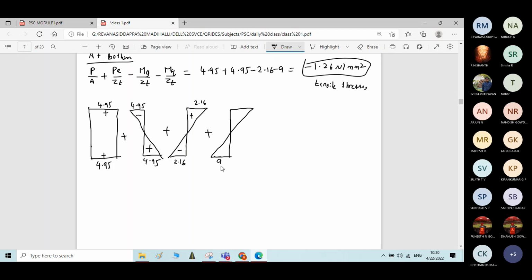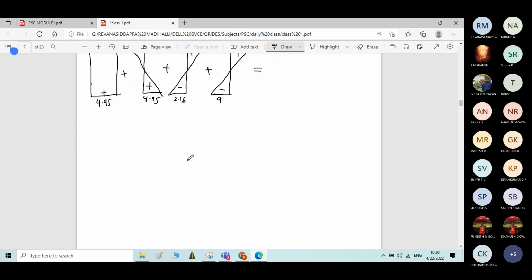So here 9 and 9, plus and minus. This is the stress due to the prestressing force, this is the self-weight stress, then the live load stress.